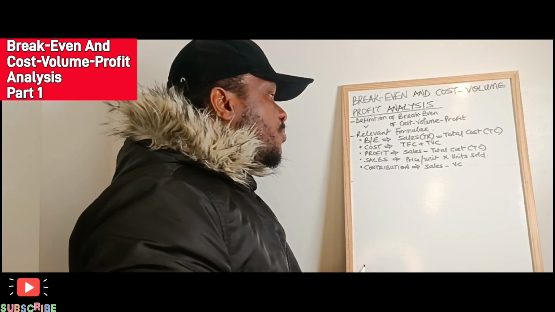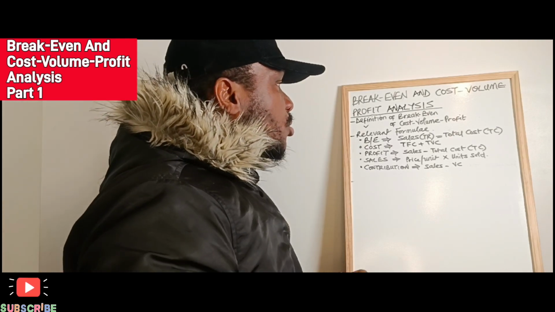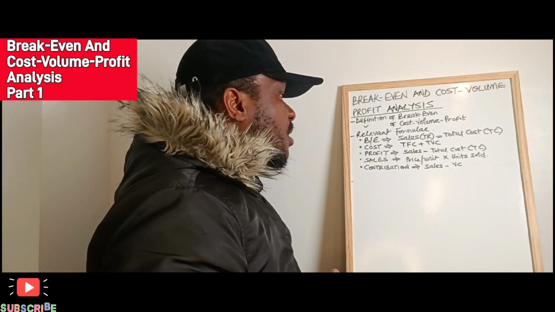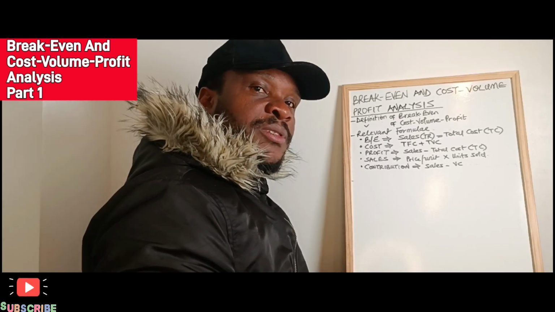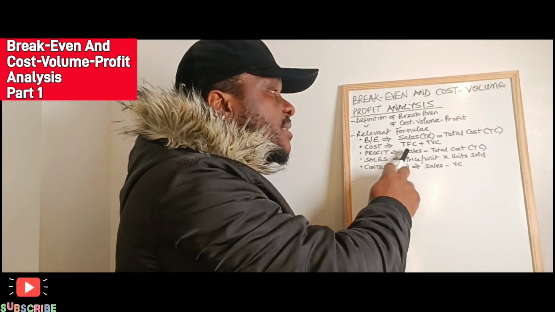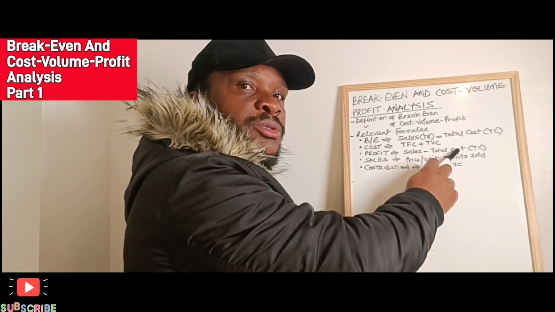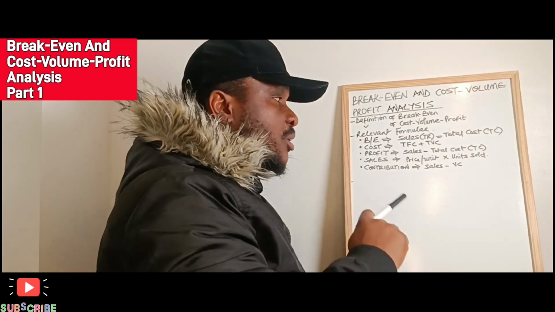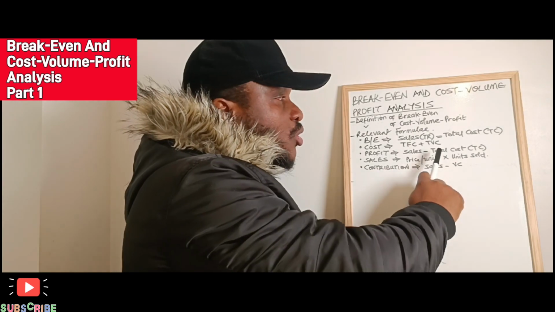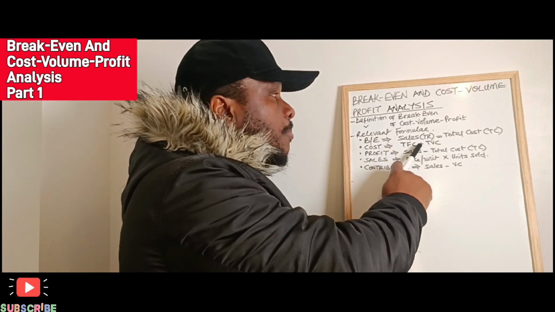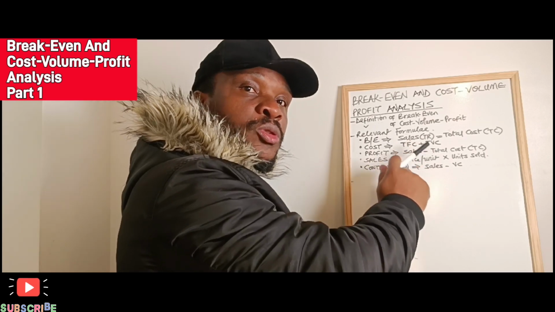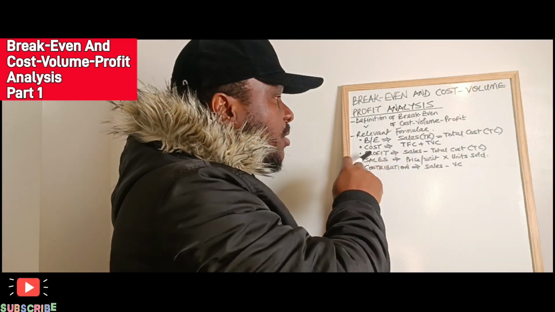Now let's go back to the formula for profit. The formula for profit says profit is sales less total cost. Don't forget, we said earlier that total cost is total fixed cost plus total variable cost. I want to do something with this formula.